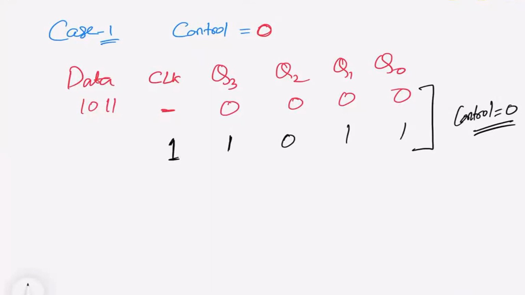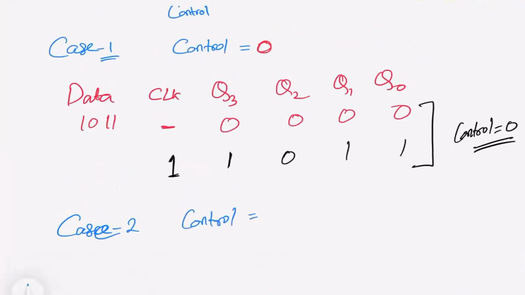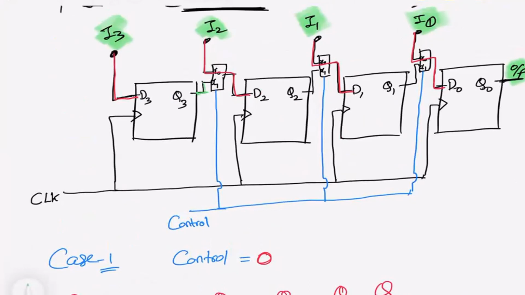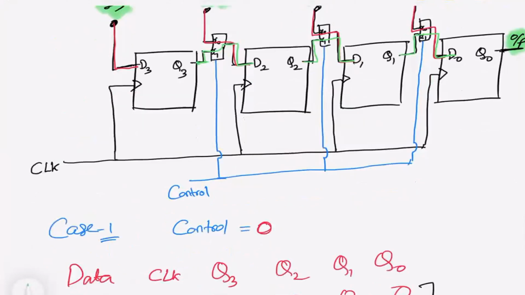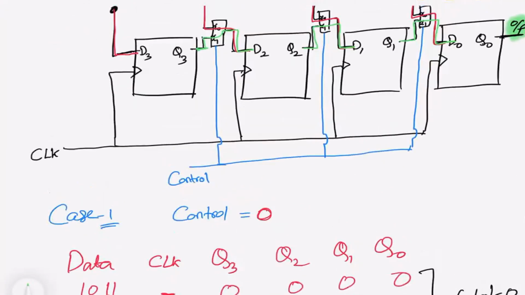Let's discuss case 2. So in case 2, my control is equal to 1. So when my control is 1, basically Q3 will get connected to D2, Q2 will get connected to D1, Q1 will get connected to D0, and the behavior of this circuit we have already seen previously.